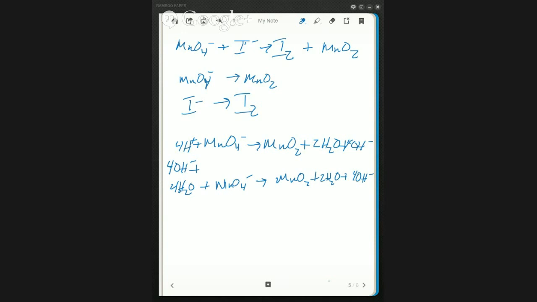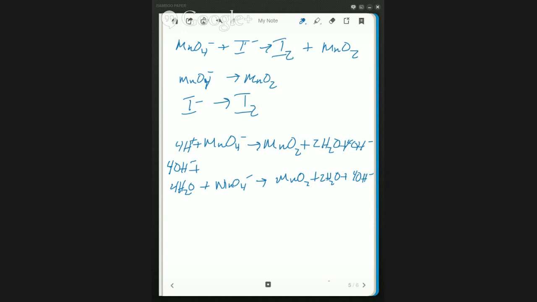So what we're now going to do is look at the charge on each side now that we have the atoms, the mass part, balanced. If I look on the left side of my equation, I have a -1 charge. That's the negative that's coming from our permanganate. If I'm looking here on my right side, I have 4 hydroxides, which means I have 4 negative on this side.